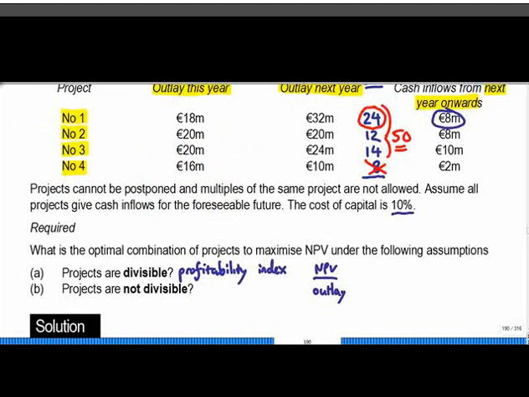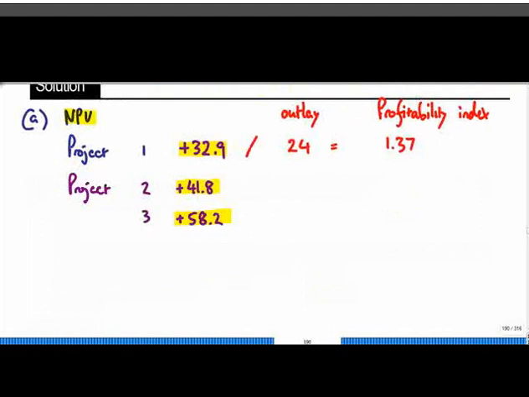We're going to take that 24 and calculate the profitability index. Here the profitability index is 1.37. On the same basis for projects numbers 2 and 3, we get profitability indices of 3.48 and 4.16.